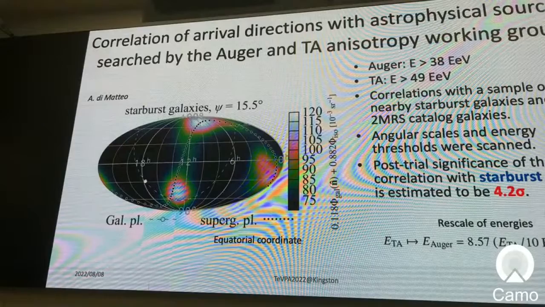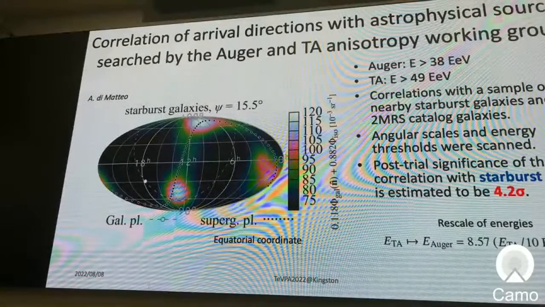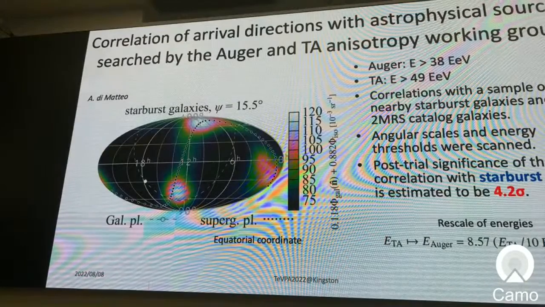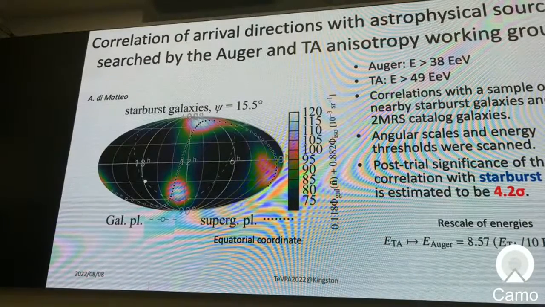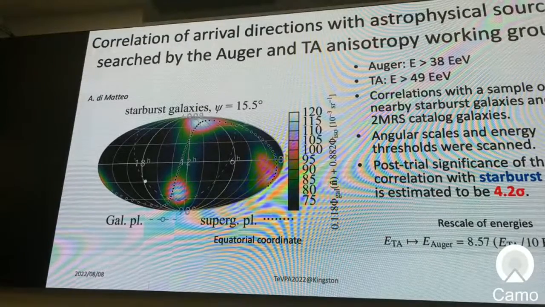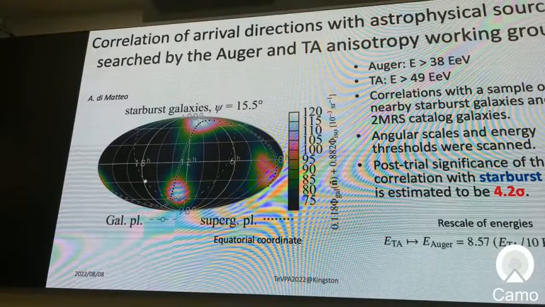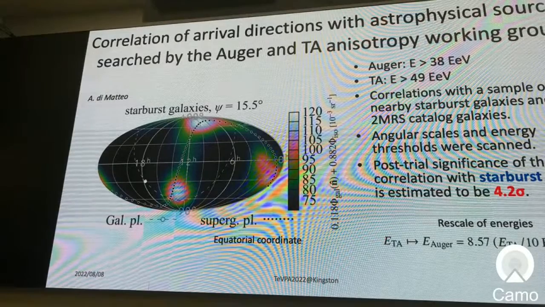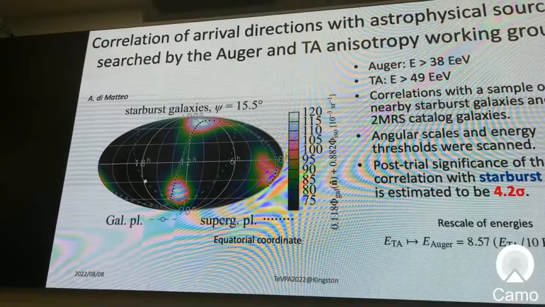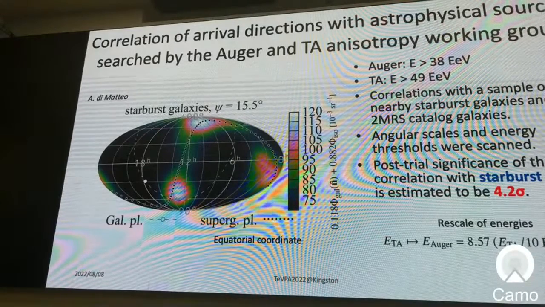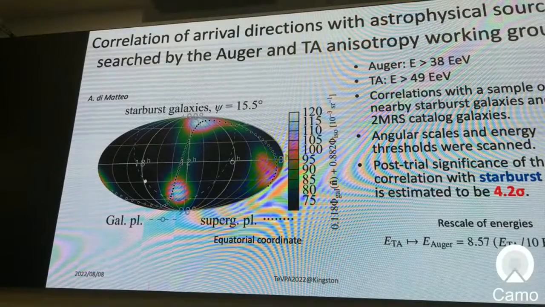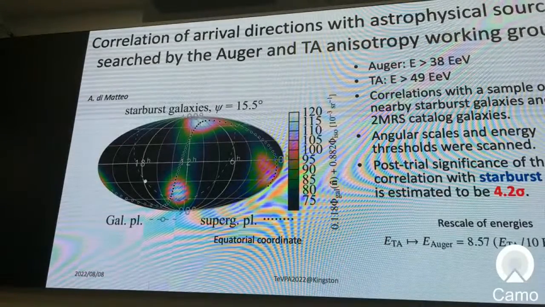And about the interpretation of anisotropy at the highest energies, the correlation of directions with astrophysical sources was searched by the Auger and TA anisotropy working group. This combines the two data sets, Auger data above 38 EeV and TA data above 49 EeV.